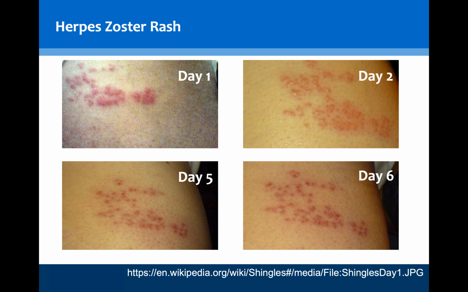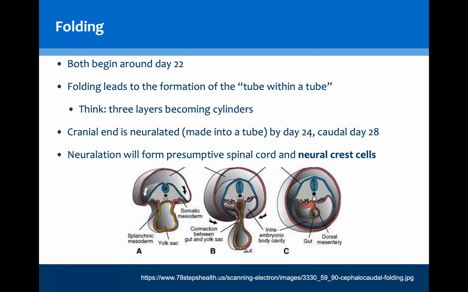Because it shouldn't cross the midline if it's staying in the dorsal root ganglia along one side. So a loose pathognomonic description of this rash would be that it doesn't cross the midline and that it doesn't cross dermatome patterns.